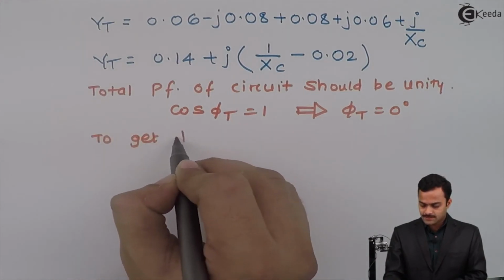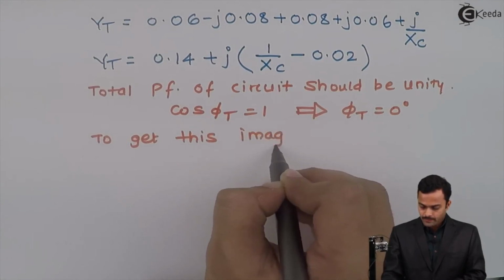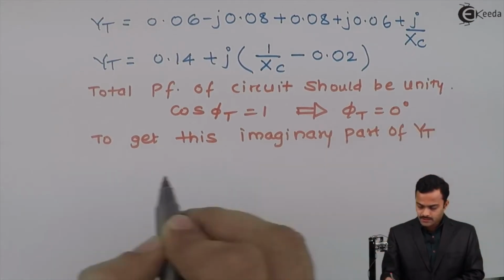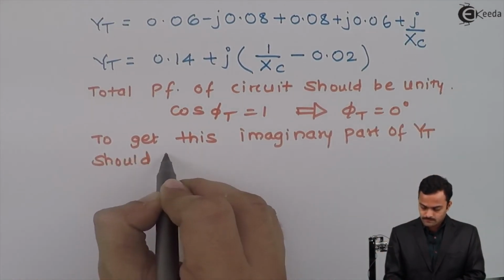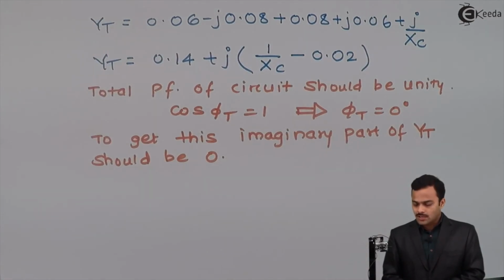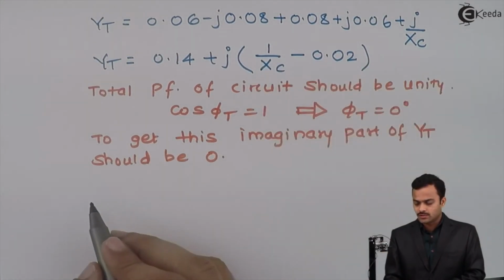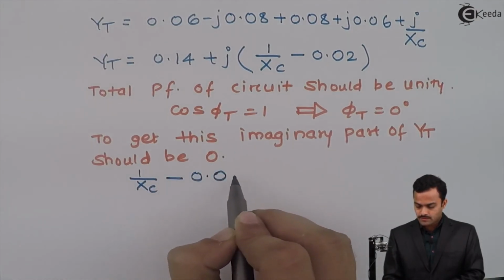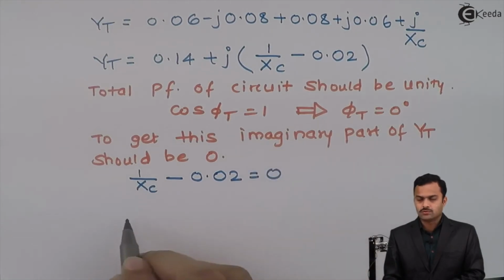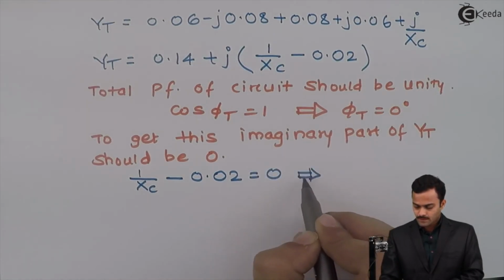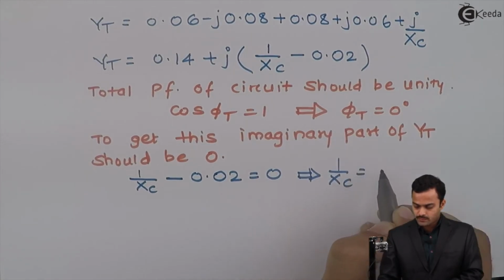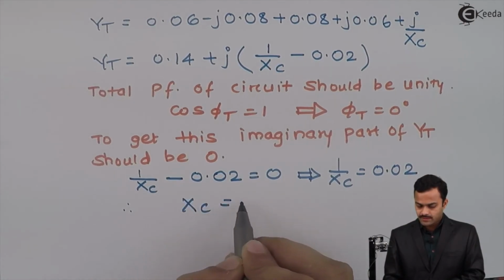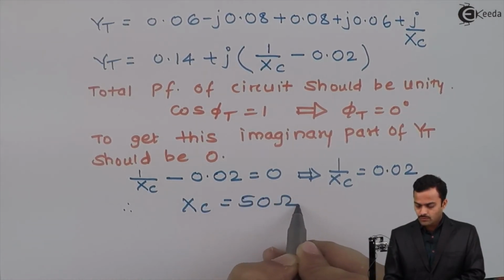So to get this, the imaginary part of Yt should be 0. Taking this into account, I will equate the imaginary part to 0. So what I will get? 1 upon Xc minus 0.02 should be equal to 0, which implies 1 upon Xc should be equal to 0.02, and hence Xc I will get as 50 ohm.